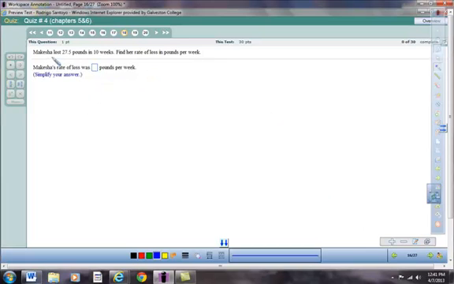Nice problem. It says Makisha lost 27.5 pounds in 10 weeks. Find the loss in pounds per week. So they want to know how many pounds she lost per week. Well, it says that's 27.5 per 10 weeks.